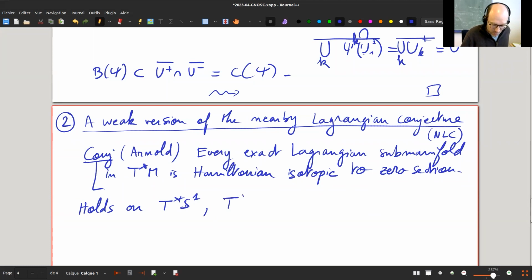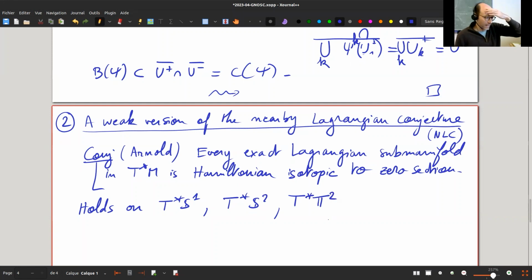It's known to be true also on T star S2, and I realized that I forgot to check the attribution of this fact. I don't know, maybe someone knows in the audience. It's also known to be true on T star T2.